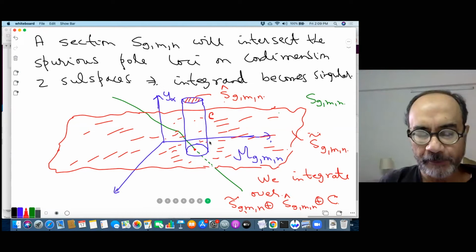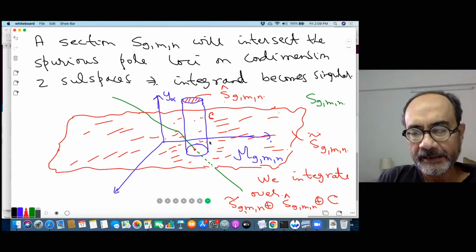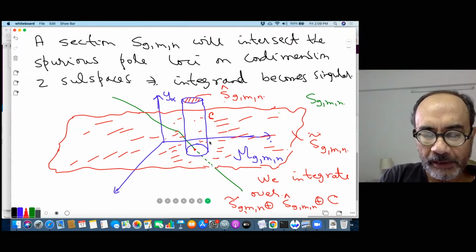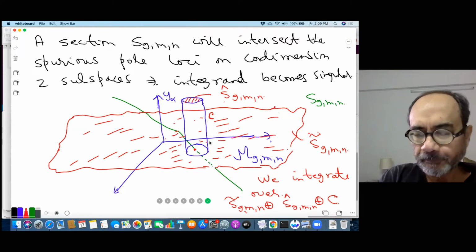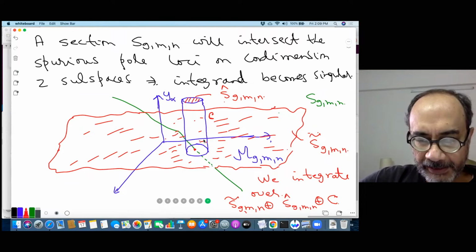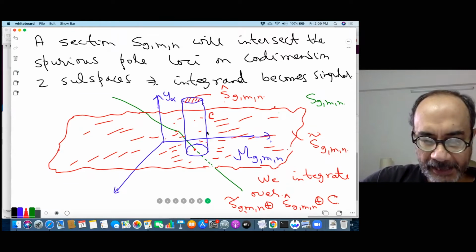The spurious pole was crossing the section, so you couldn't possibly deform it and not hit the spurious pole at all. It's a codimension 2 singularity, and you have to deal with it. But all you have done here is that this codimension 2 singularity is being encountered on this vertical cylinder, and we will see why this is helpful.